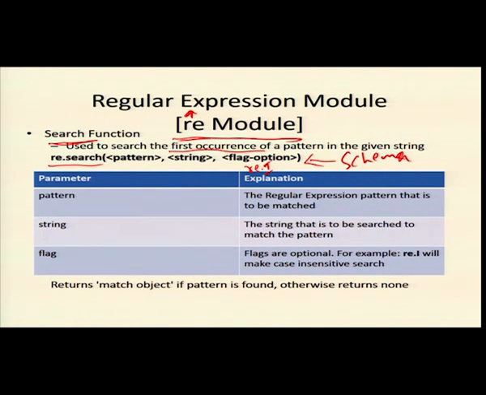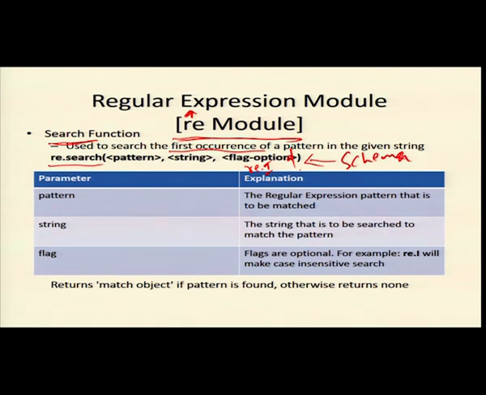Whereas if I declare it as re.I, the regular expression should search the word or string without being case sensitive. To make it case insensitive, I am using re.I. So it is an optional thing. That is the reason I have given it as flag option.